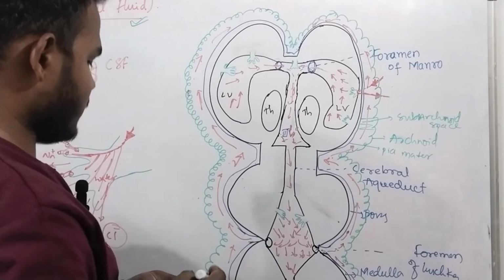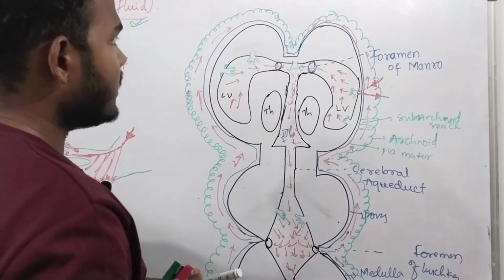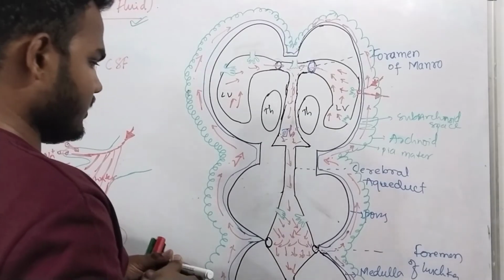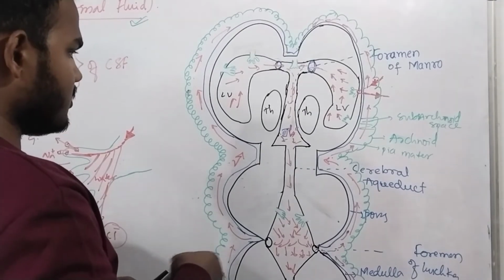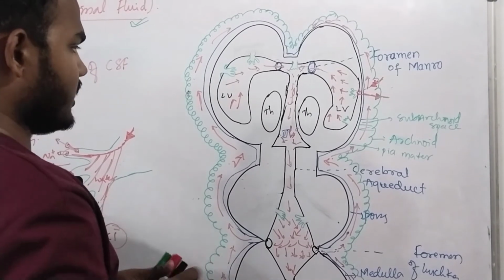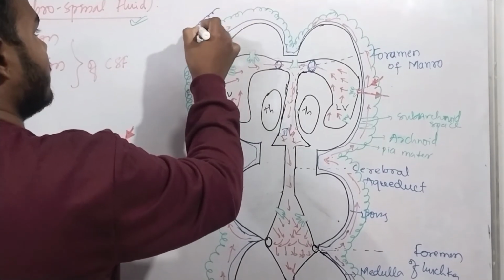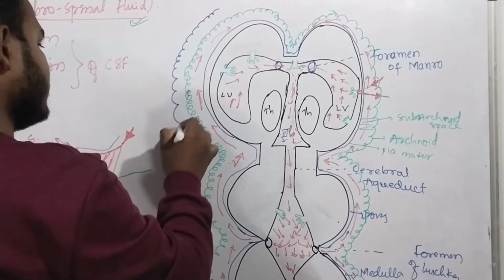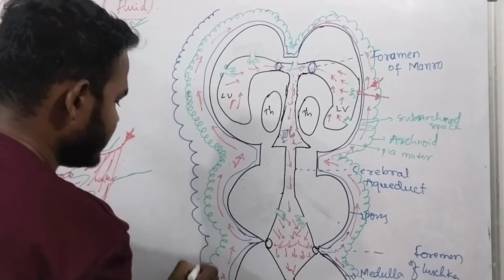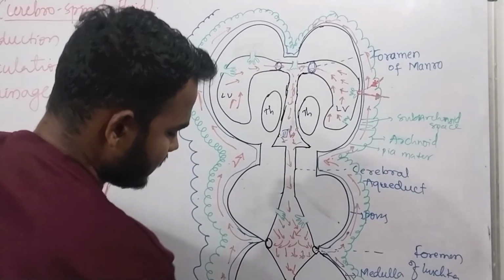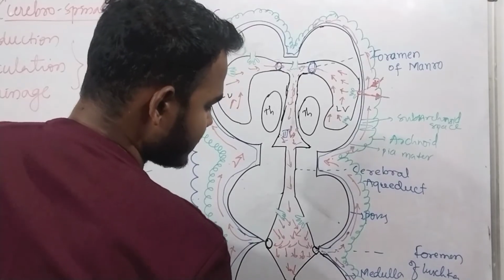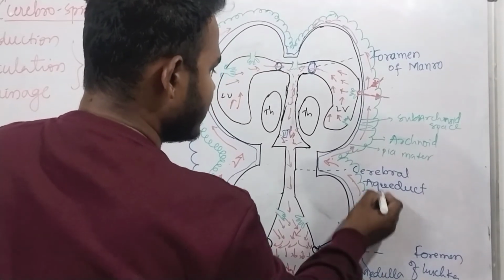Let me draw that last covering in blue color. It is the outermost layer of the brain and the spinal cord, the toughest layer.